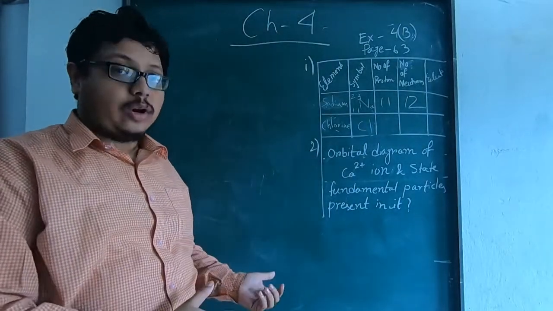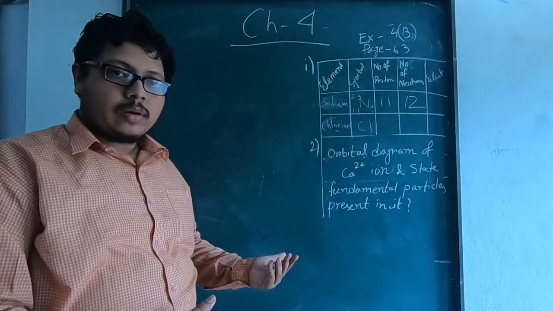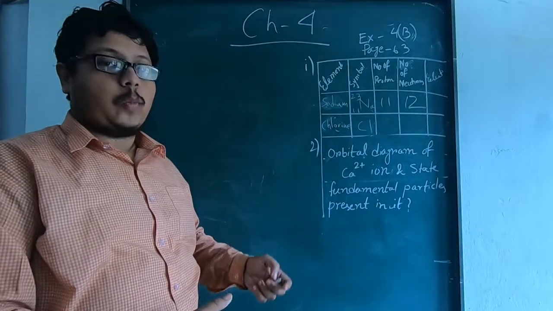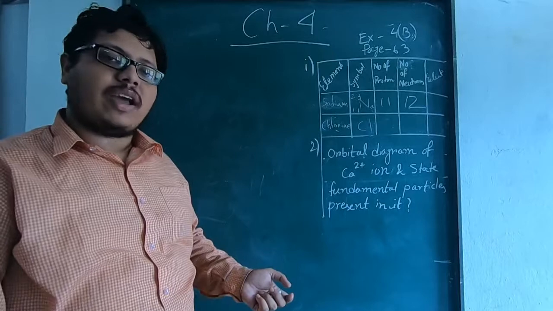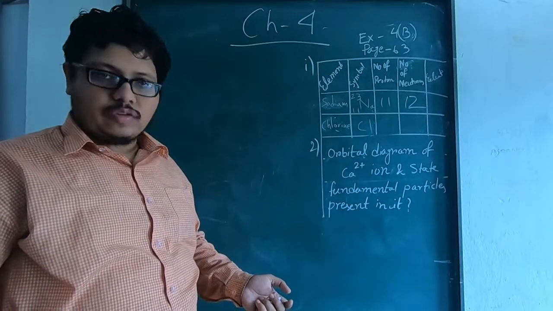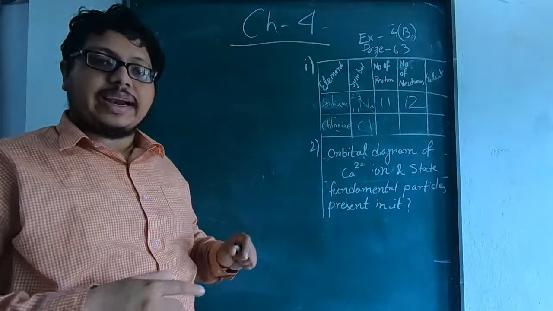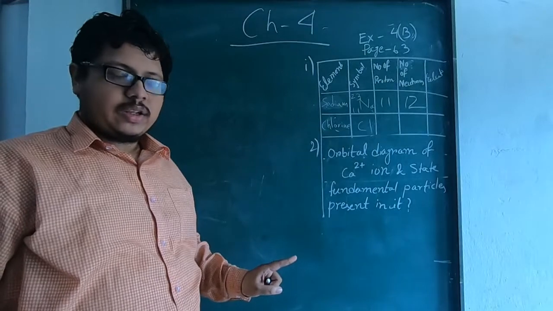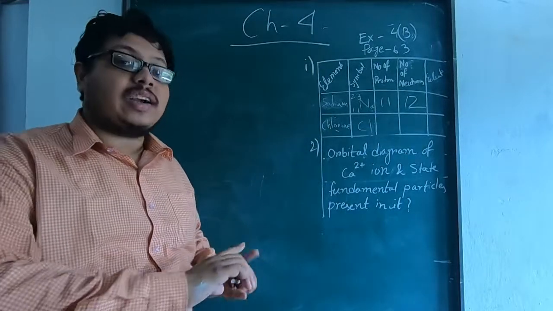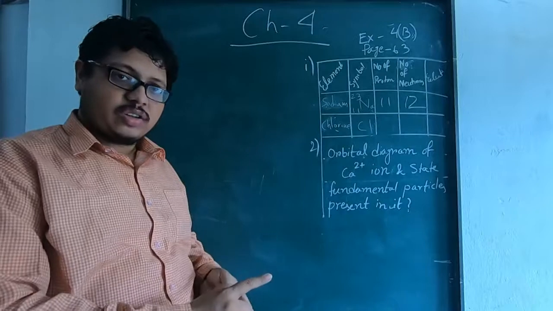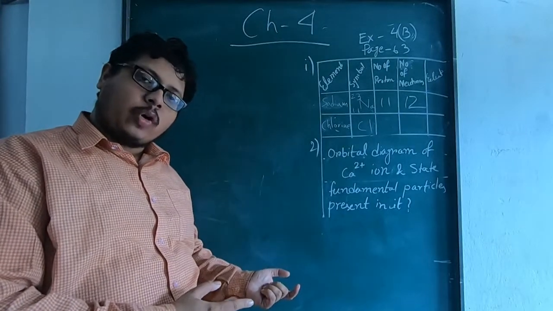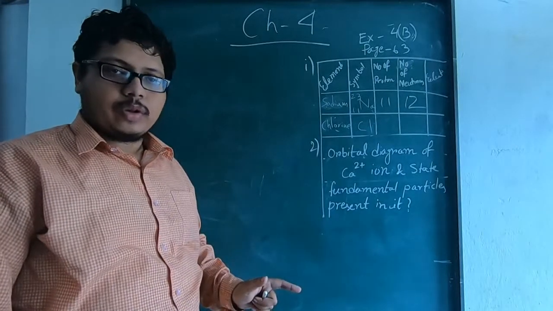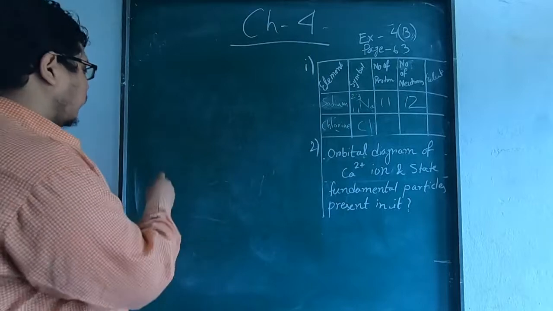We had seen the absolute values also in coulomb, if you remember. 1.6 into 10 to the power minus 19 coulomb, which is positive in the case of proton and the same value but negative in the case of electrons. In electronic units, we can take it as +1 charge and -1 charge. Since the atom as a whole is neutral, there is no charge. That means the number of positive protons and the number of negative electrons is always the same. We discussed this in the last class also.